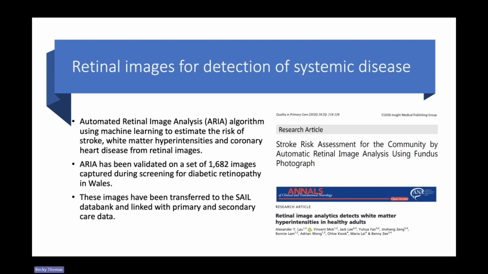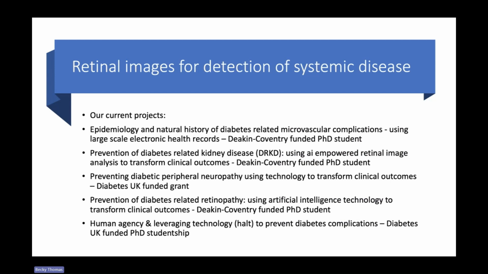So that was great, although it is only a small subset of the images that would be available from Diabetic Eye Screening Wales. So our next projects, we currently have several PhD students starting with us to look at how we can develop AI for the detection and prediction of other microvascular complications of diabetes. So we've got kidney disease and retinopathy.